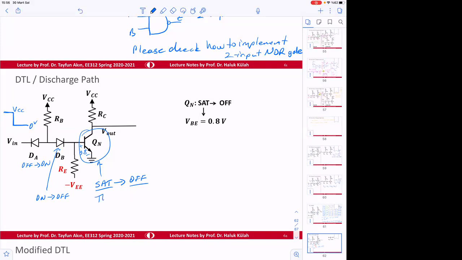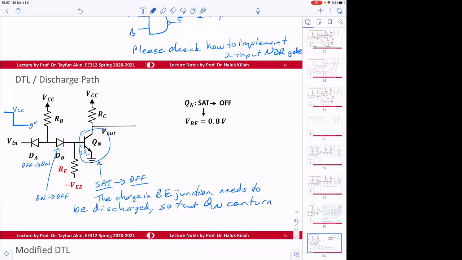The charge in the base emitter junction, since it is deep in turn on, needs to be discharged so that QN can turn to off.